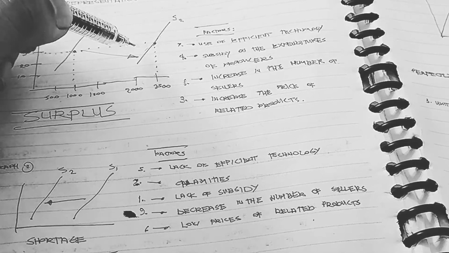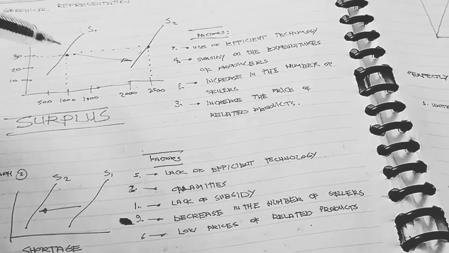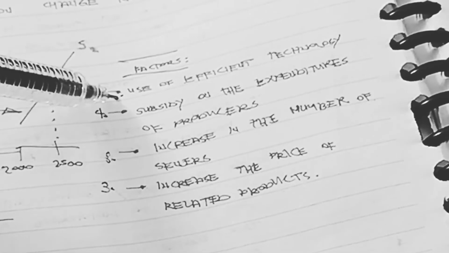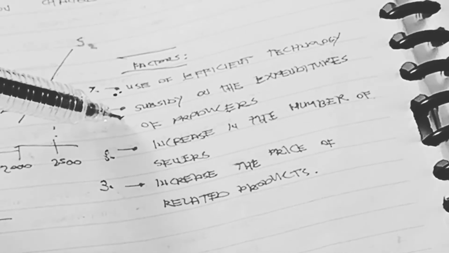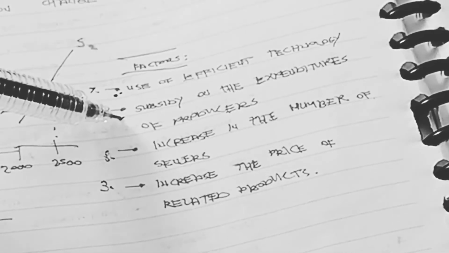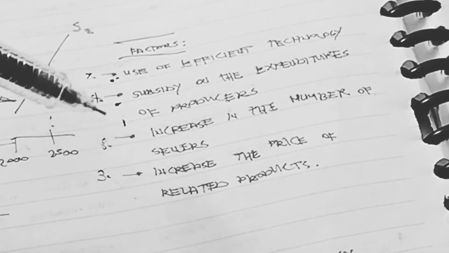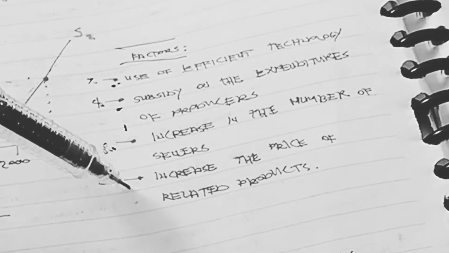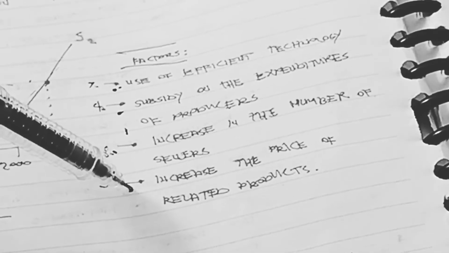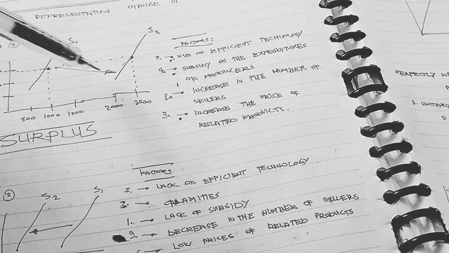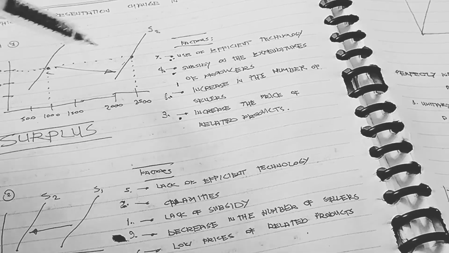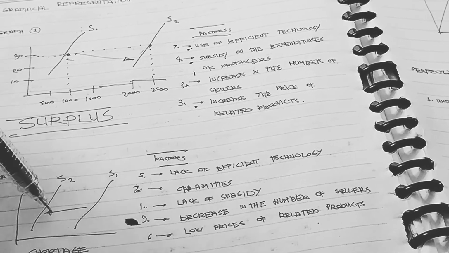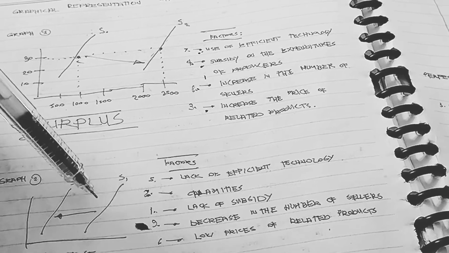So what are the factors why it shifts to the right? We have use of efficient technology, subsidy on the expenditures of the producer, increase in the number of sellers, and increase in the price of related products. That is from S1 to S2. Next is S1 to S2 going to the left, shifts to the left.